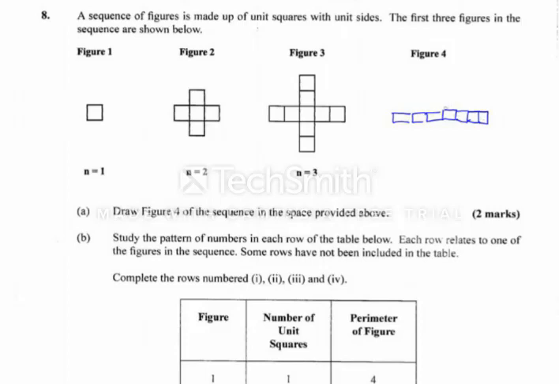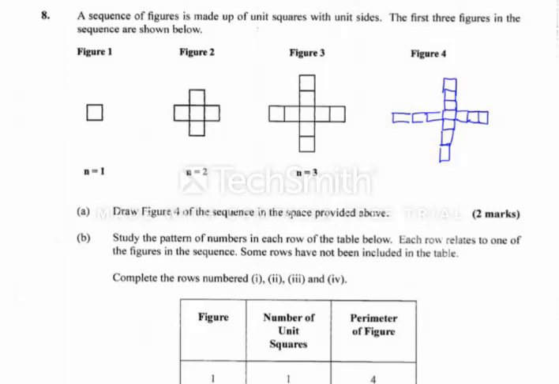We're going to have 3 above, 1, 2, 3, and 3 below, 1, 2, 3. All right, more or less that is the fourth shape.